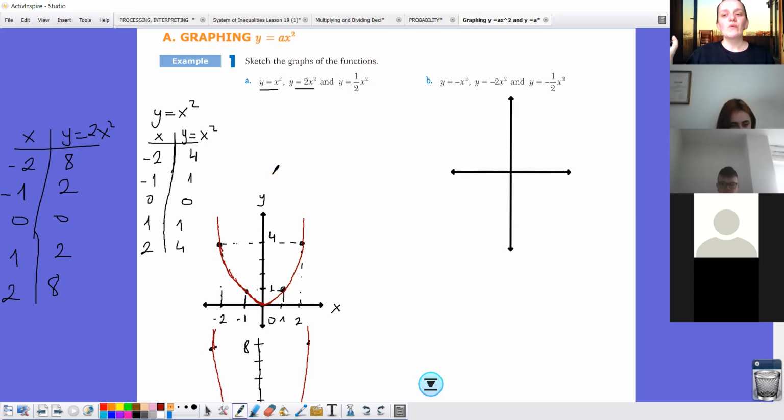You know, the bigger the number, the closer the parabola. Okay? If we had GeoGebra here, I would show you better like this because it will take too much time.